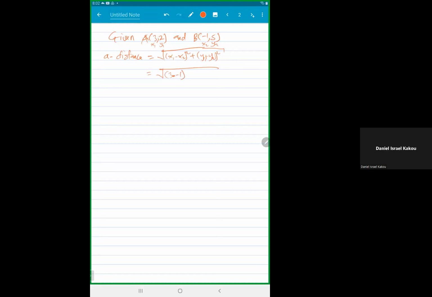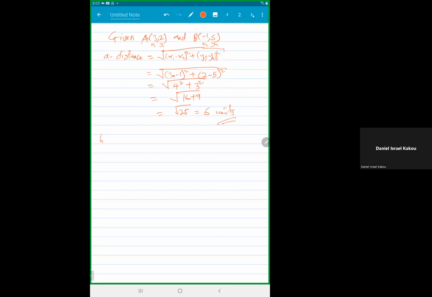Already we have a minus, so double minus. And y1 is 2 minus y2 is 5, squared. So 3 minus -1 is actually 4, which gives 4 squared plus 3 squared. That is 16 plus 9, which is the square root of 25, and that is 5 units.